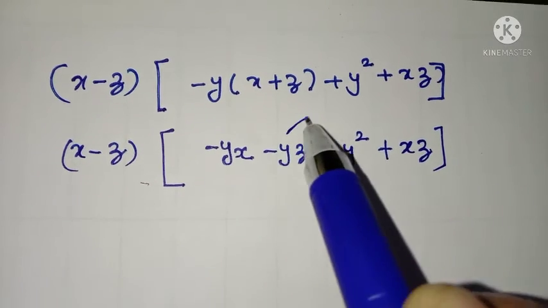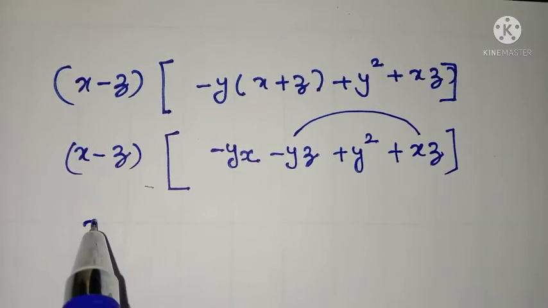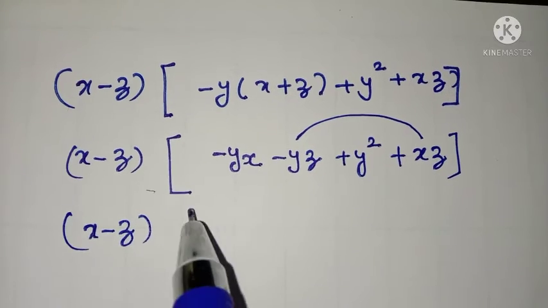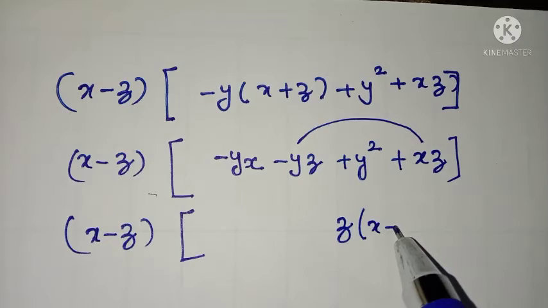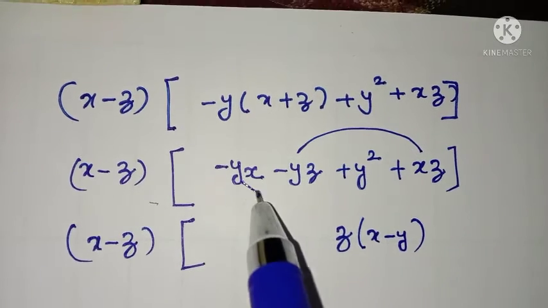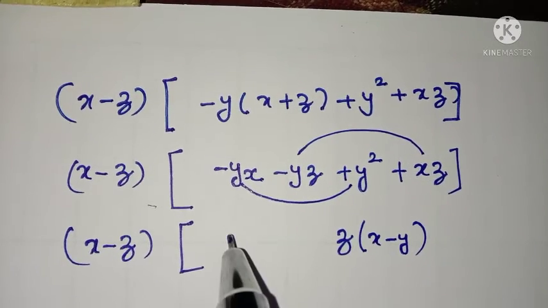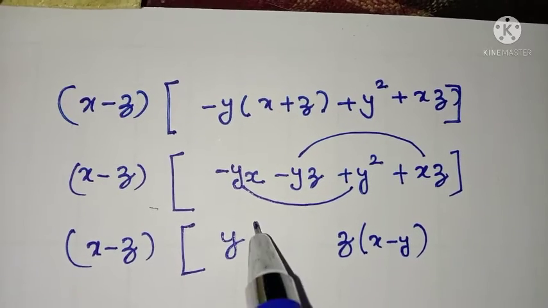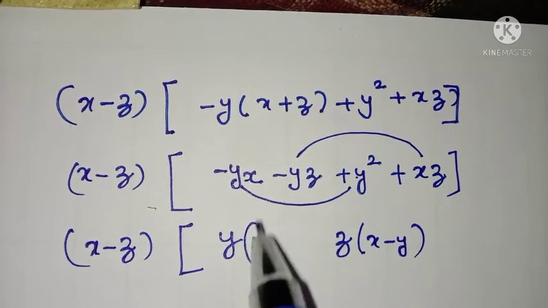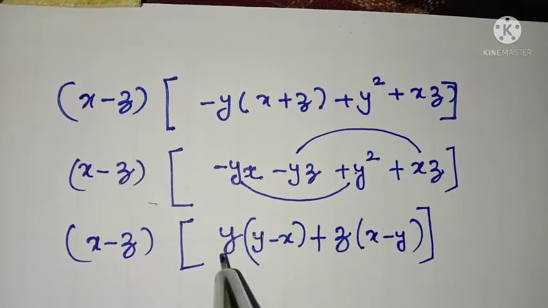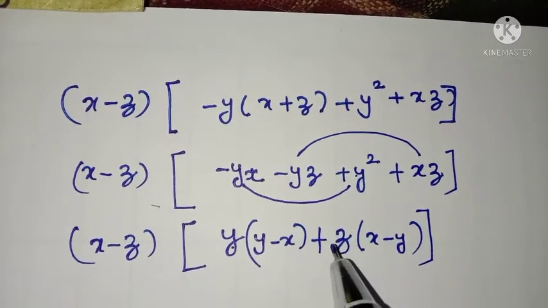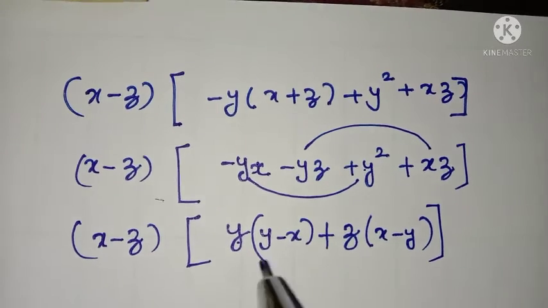Now from these two terms take z as common, so this is z into x minus y. And from here take y as common, so y into y minus x. So the expression can be written as y into y minus x plus z into x minus y.